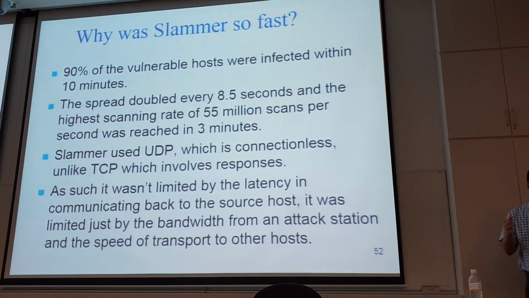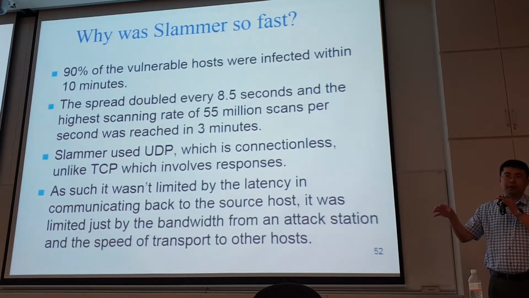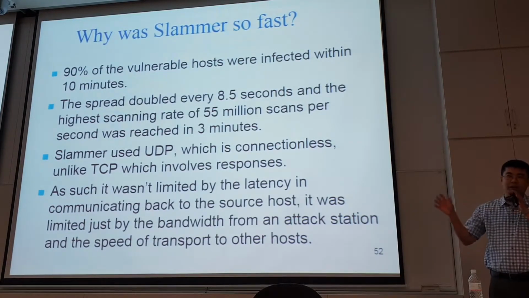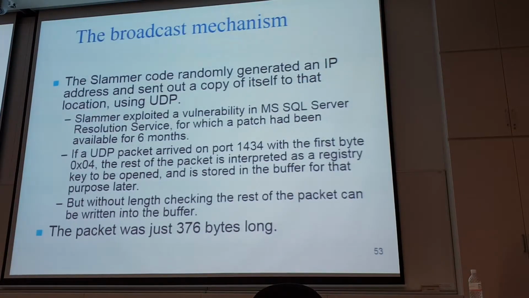So if one machine is infected, later it will infect a set of machines. Then each machine in the set becomes a source that will again infect a set of machines. So it's similar to a social network like Facebook, where you can connect to different people very quickly. So the growth is exponential.